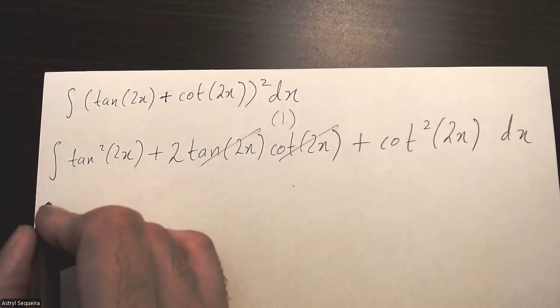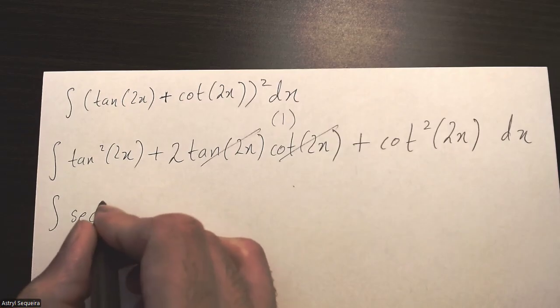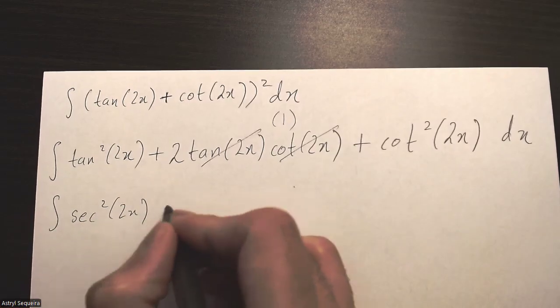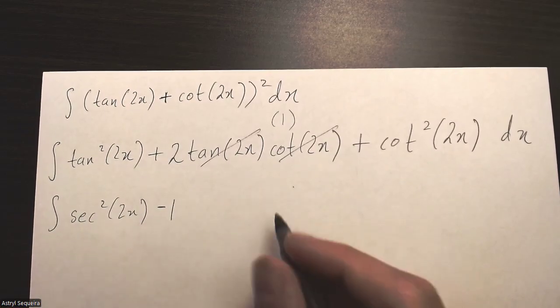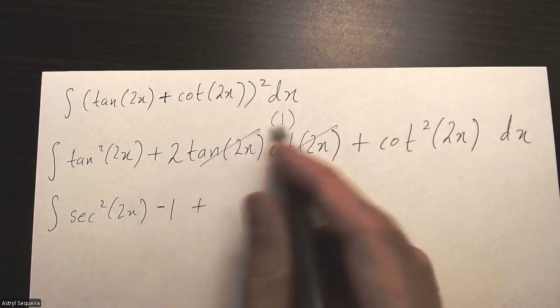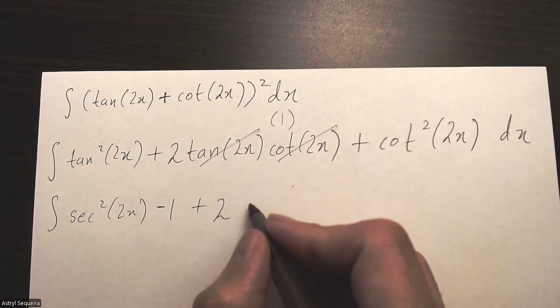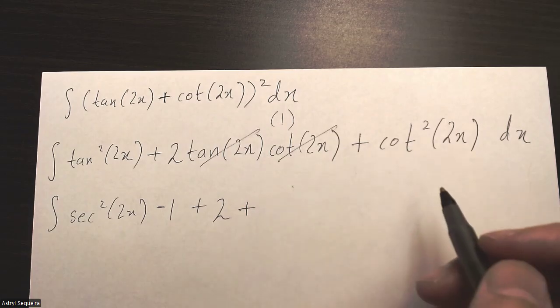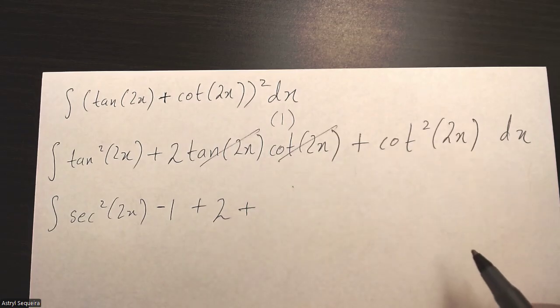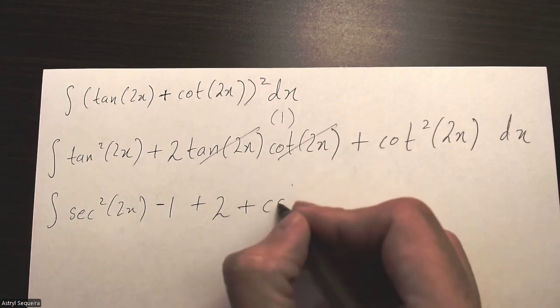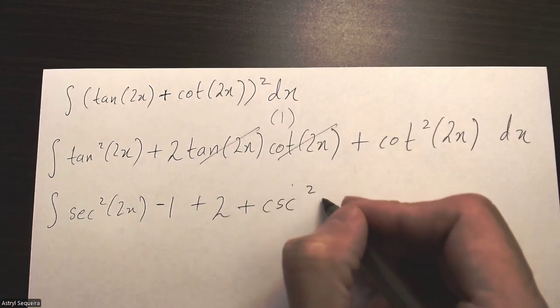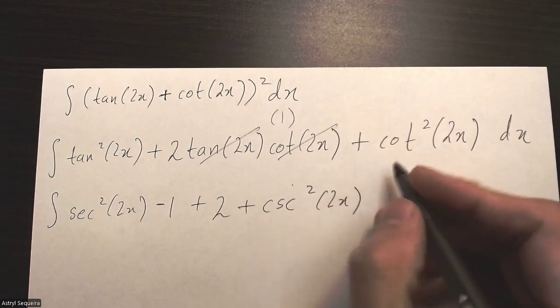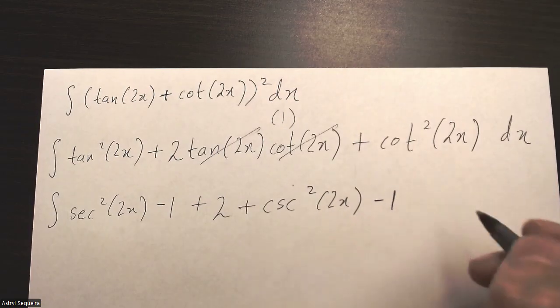You know that tan squared is just sec squared 2x minus 1. In the middle here, I just have 2 times 1, which is 2. I know that cot squared is cosecant squared 2x minus 1.